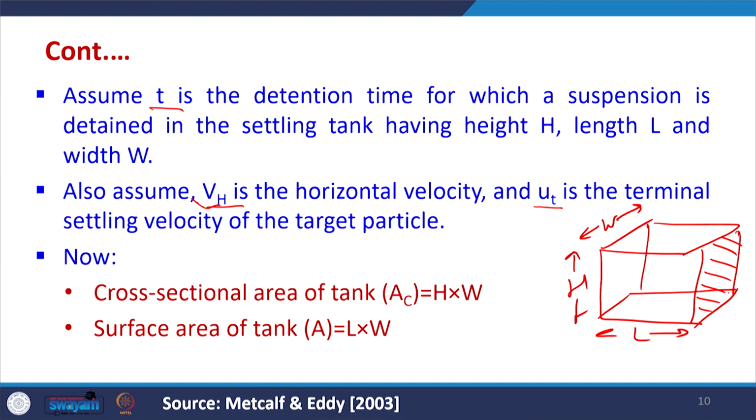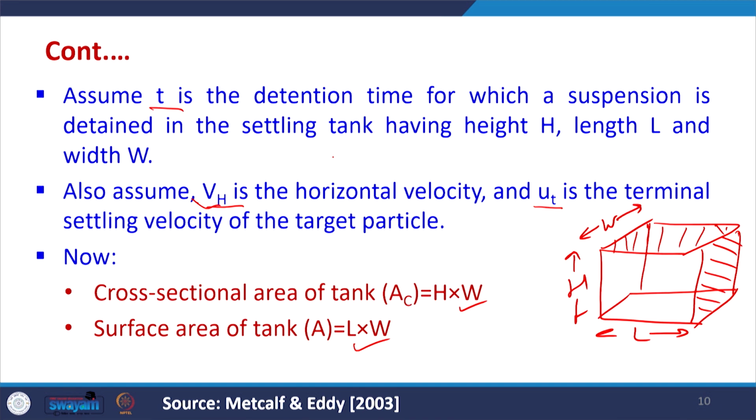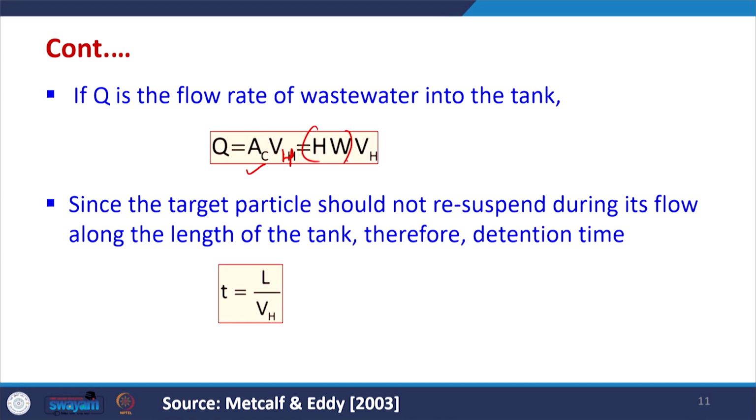So, this is H, the height, into W. That means H into W, this is correct, and the surface area of the tank, which is this one, is W into L. This is also correct. Now, going further, suppose Q is the flow rate of the wastewater into the tank. We can represent Q as the cross sectional area into the horizontal velocity. This cross sectional area AC can be written as H into W, which was here. So, Q equals H into W into Vh.